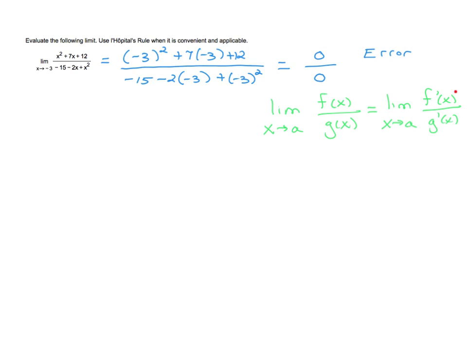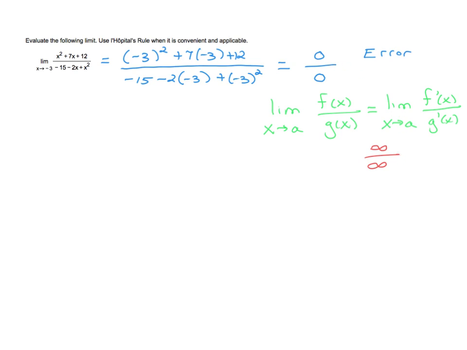So figure out this limit instead. If this limit exists, it's equal to the one that you start with. But the only way you can use this method is if you get 0 over 0. Technically, you can also use this if you get an infinity over infinity, and these will be the two cases that appear within the homework.